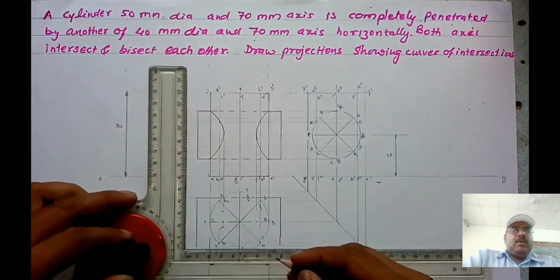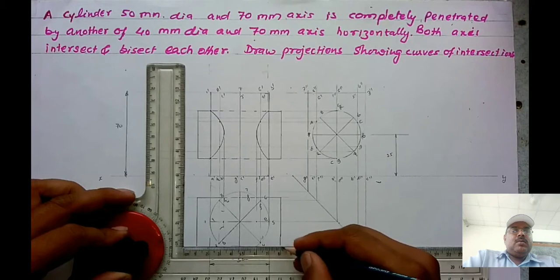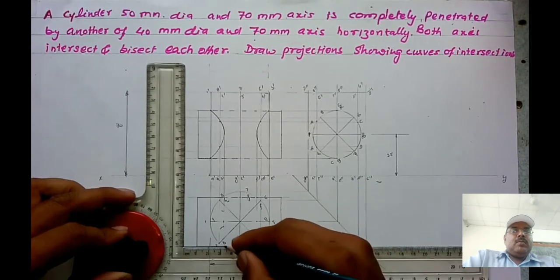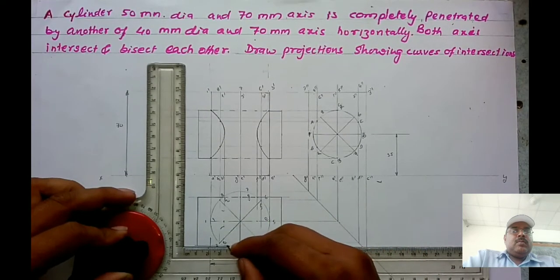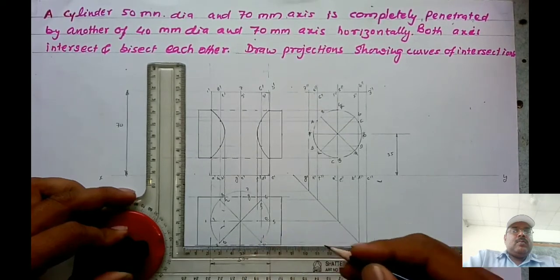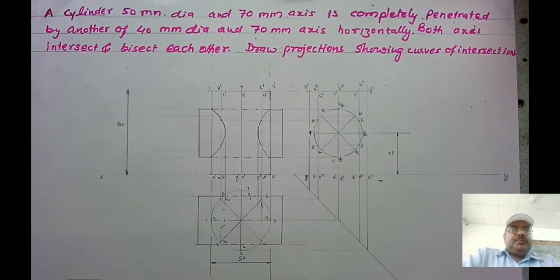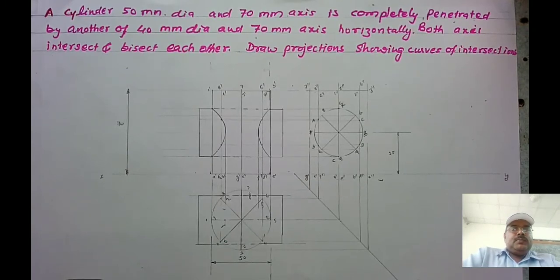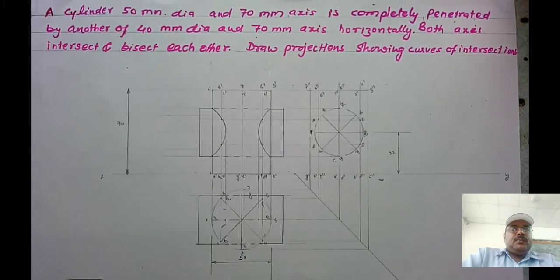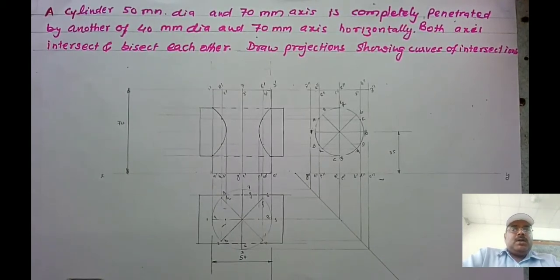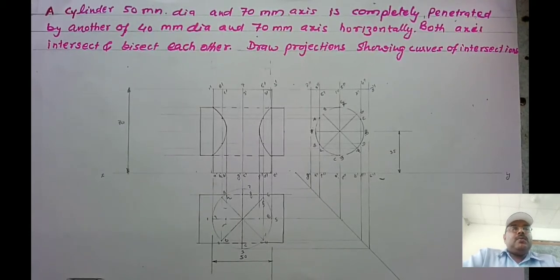Draw the dotted line which is hidden. We have to draw the intersection point in the top view.